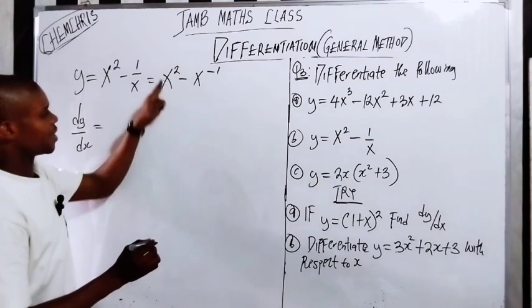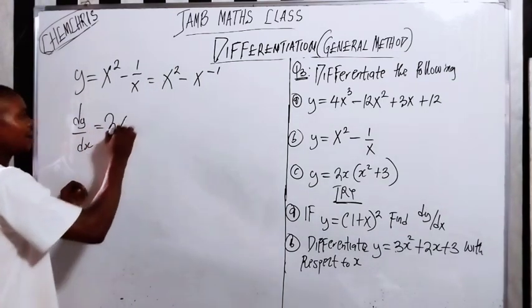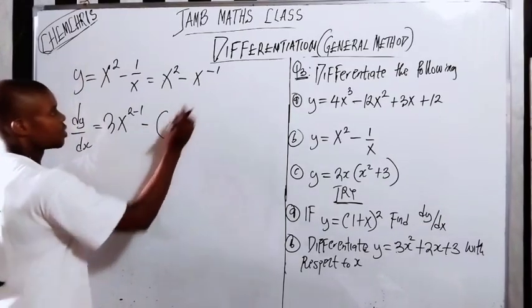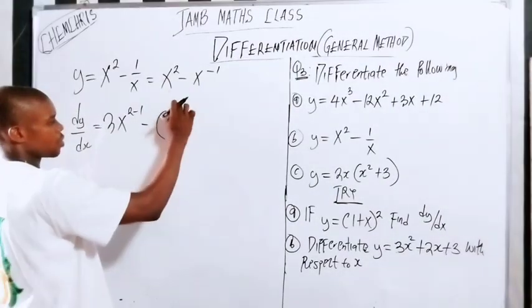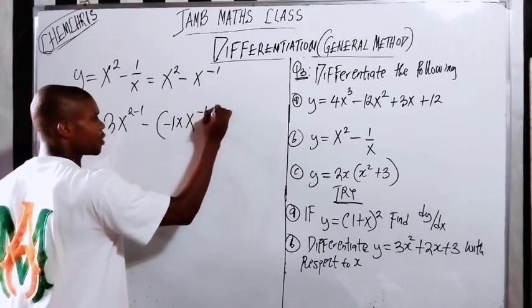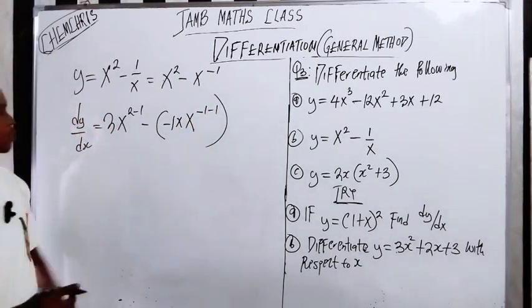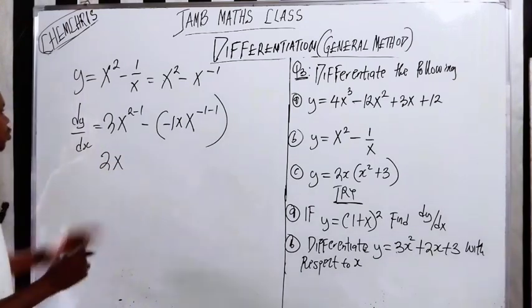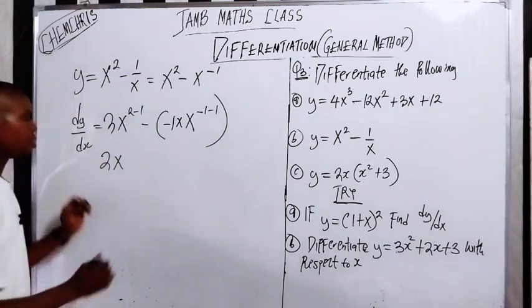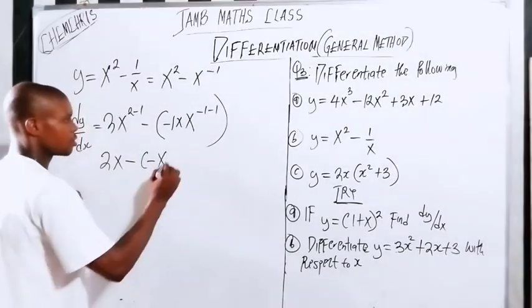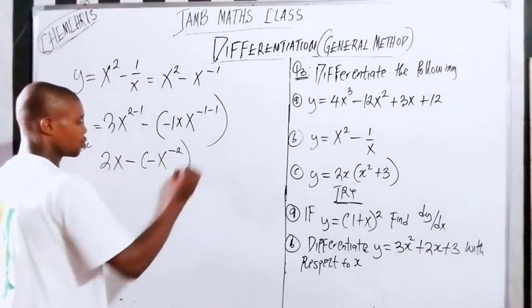Now remember when you differentiate here, it's going to be 2x raised to 2 minus 1. Minus, remember you should complete that one here, so it's going to be minus 1 times x raised to minus 1 minus 1. So it's going to be 2x, because 2 minus 1 is 1. Minus, here we have minus x raised to minus 2.